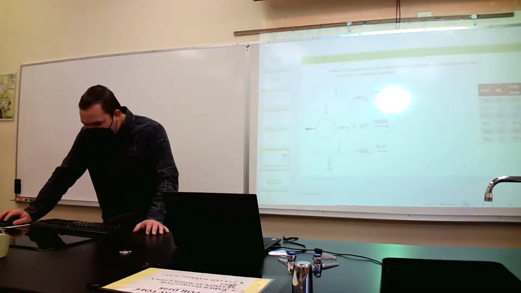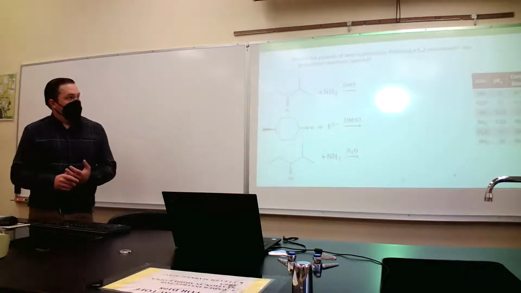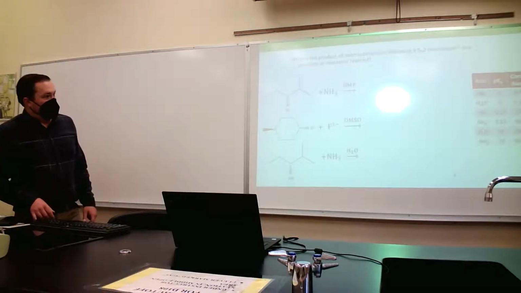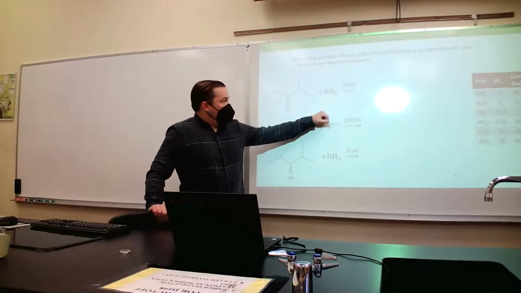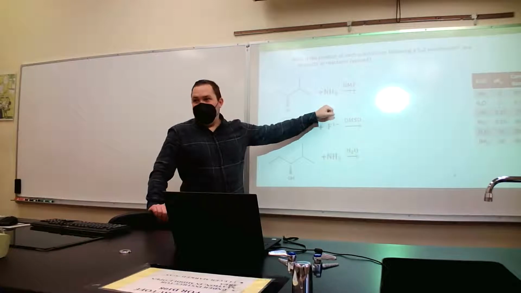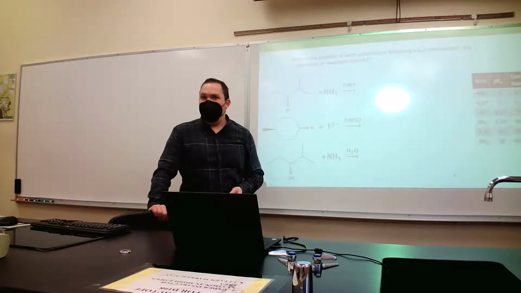All right, let's spend some time on this slide. The first ones are fairly straightforward. If we want to know the final product, usually that means including any relevant proton transfer steps at the end to make sure that your final product is neutral.